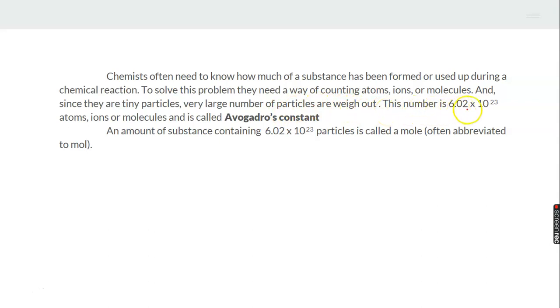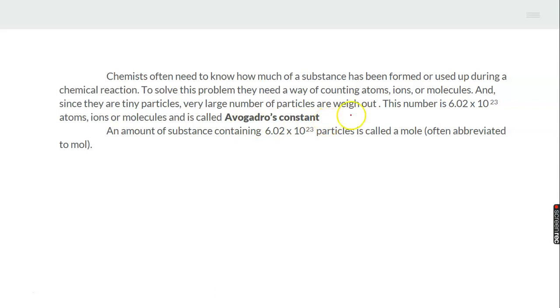This number is 6.02 times 10 raised to power 23 atoms, ions, or molecules, and it's called Avogadro's constant. This Avogadro's constant was named after the Italian scientist called Amedeo Avogadro.